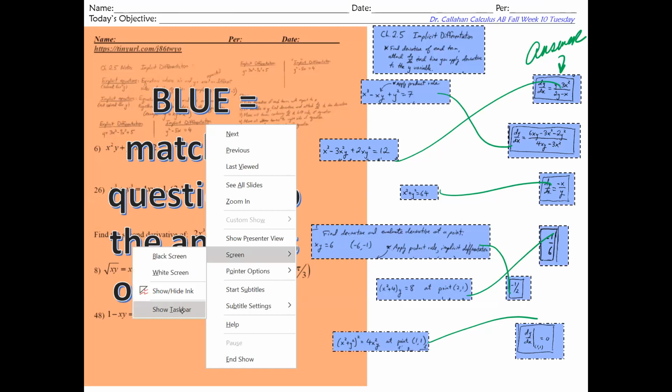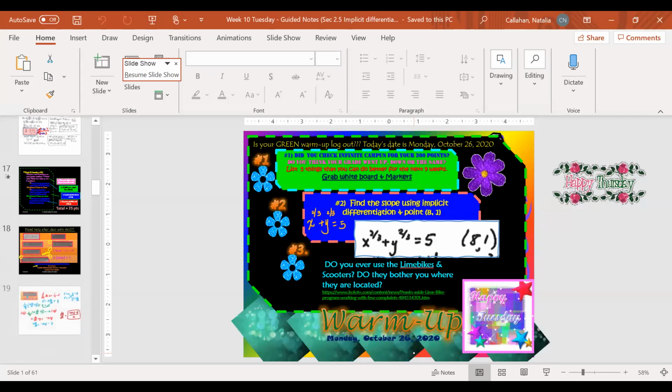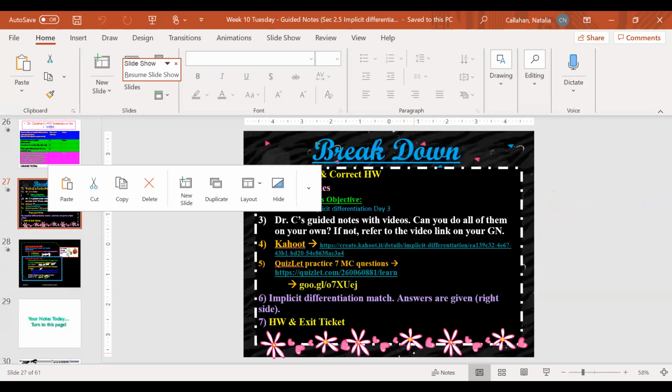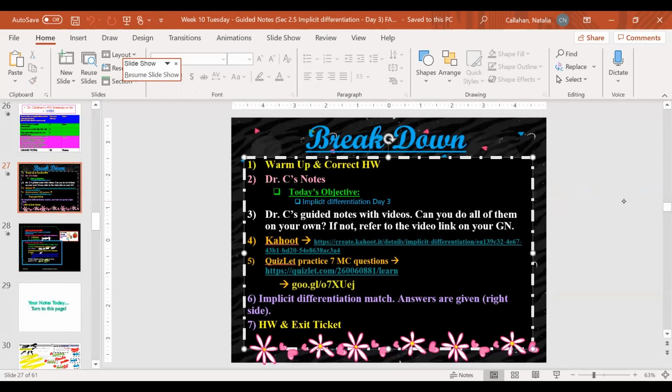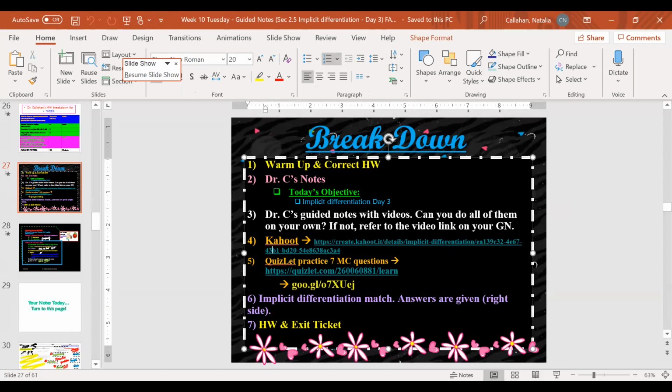I'm going to go ahead and change this just a little bit. I'm sorry, I do this in the middle of this. So today it's slightly different because, like I said before, every day we're building a little bit more onto the topic, and we're still on implicit differentiation, but even though it is implicit differentiation day 3, we're going to do implicit differentiation by doing the second derivative.